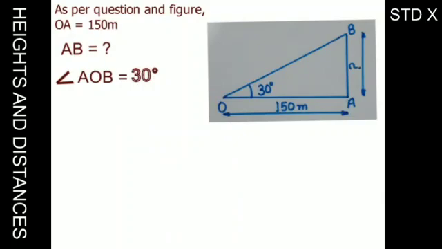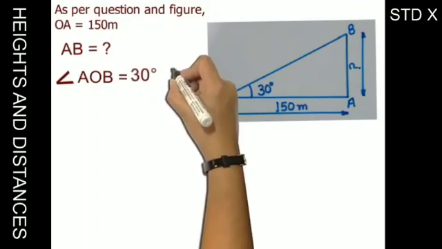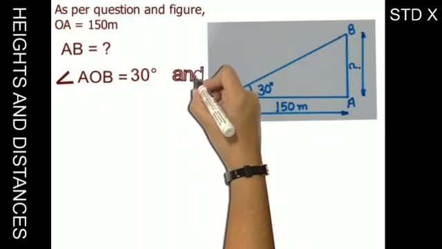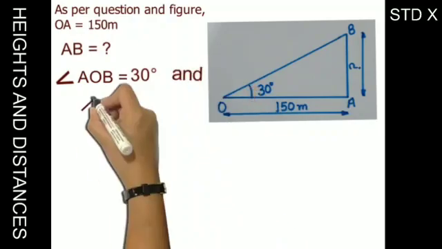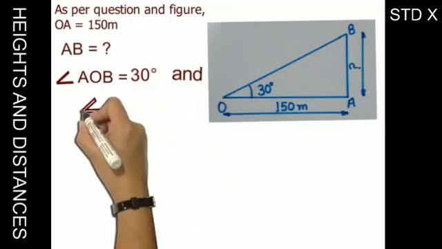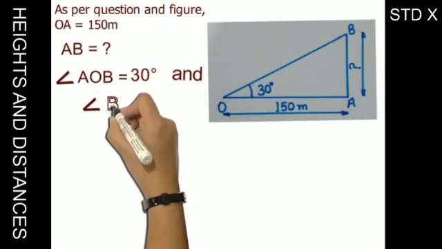Now in this question, children, you have one angle of 30 degrees and the base is 150 meters. You have to find the perpendicular. So what is the relation between perpendicular and base? Just think once. You know sine, cos, tan. What is sine theta? Perpendicular by hypotenuse.